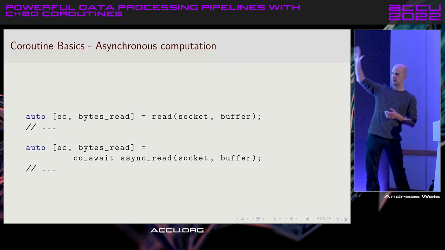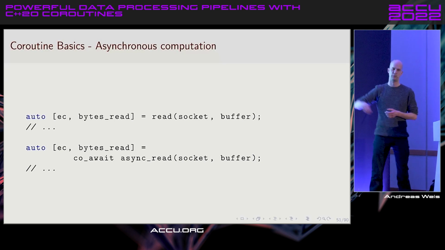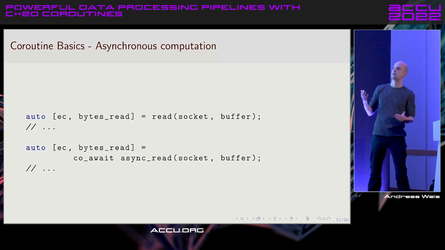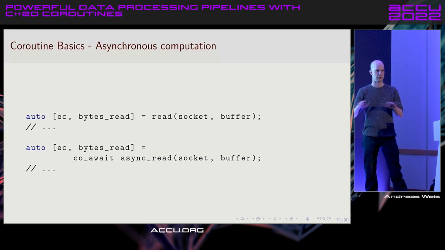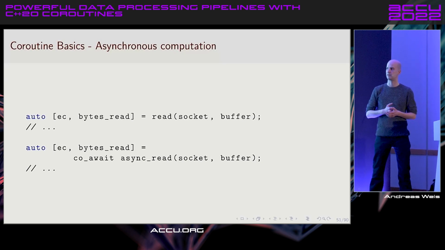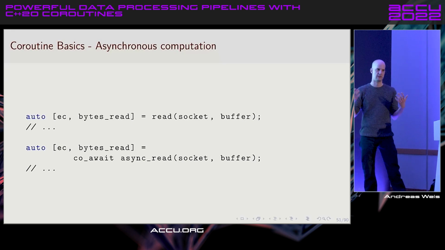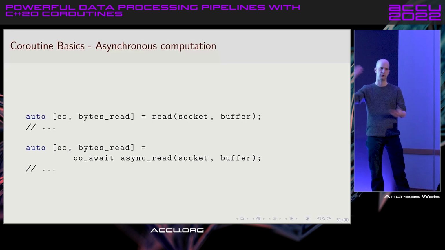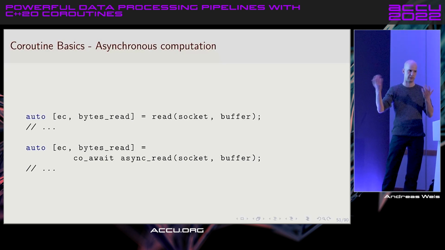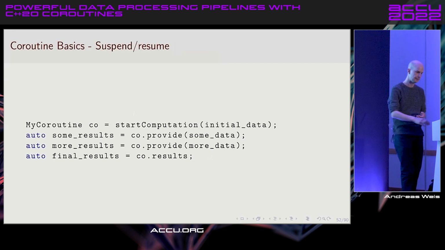So it doesn't execute in the same way as the blocking version, but in many cases you don't need to think about this. Depending on what you do after the read, it's very likely that none of it is affected by the fact that you went to sleep and then got awakened on another thread.